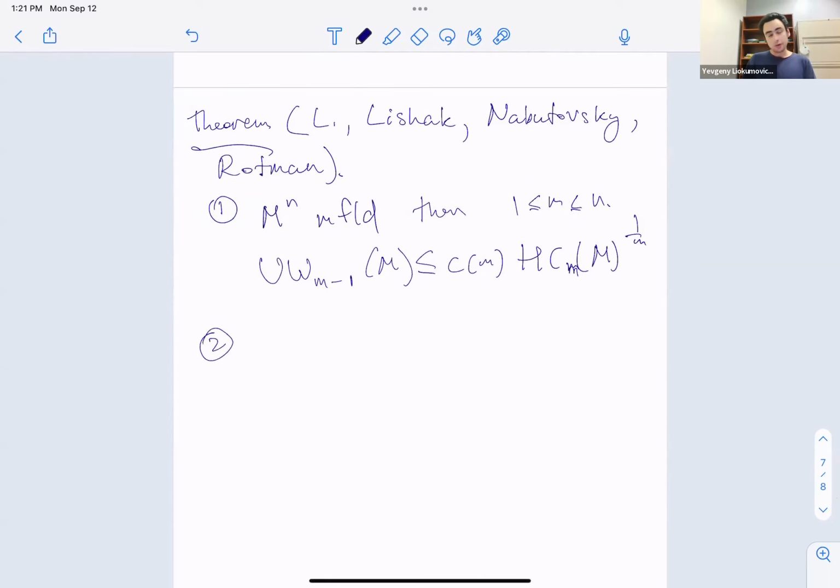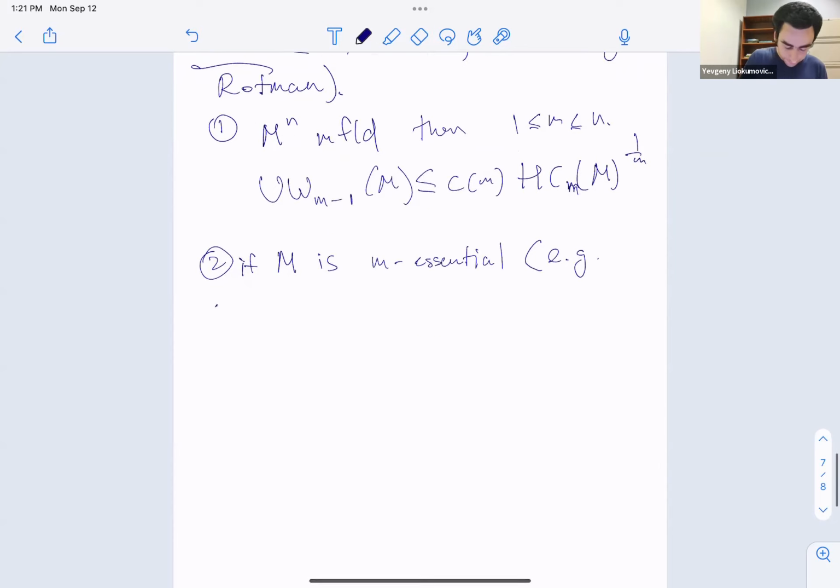And as a consequence, we also get a systolic inequality. So we need a topological condition which somehow describes topological non-triviality in dimension m. So if M is m-essential, an example of an m-essential manifold would be something like RP^m cross, say, S^4 connect sum with S^(m+4).